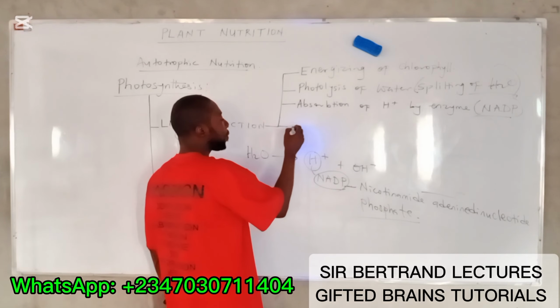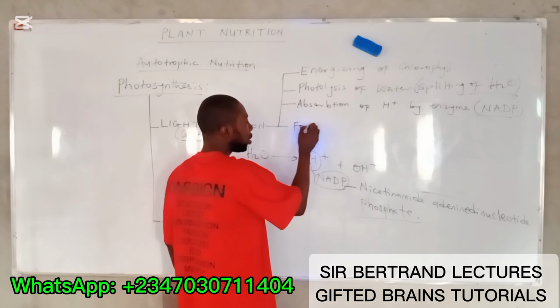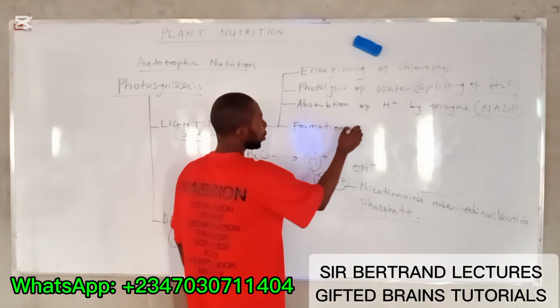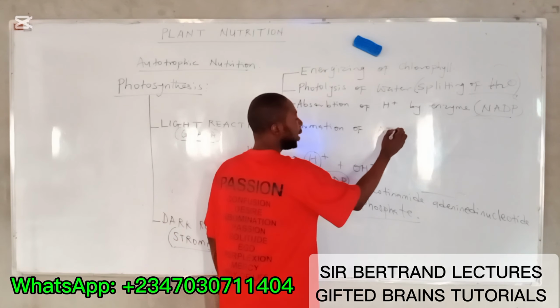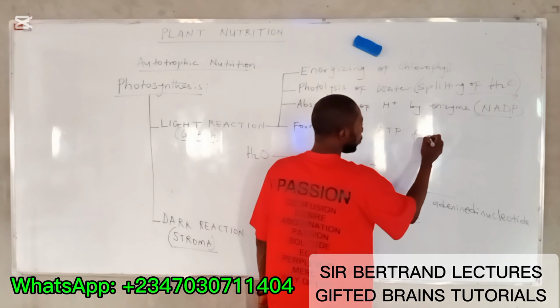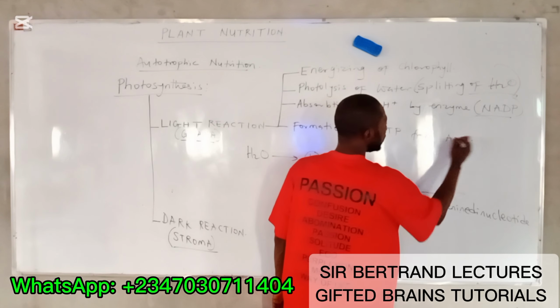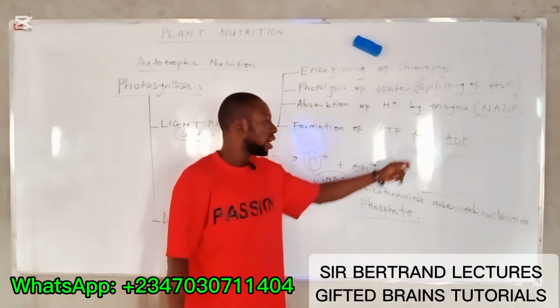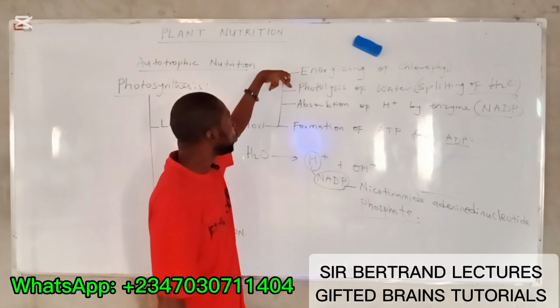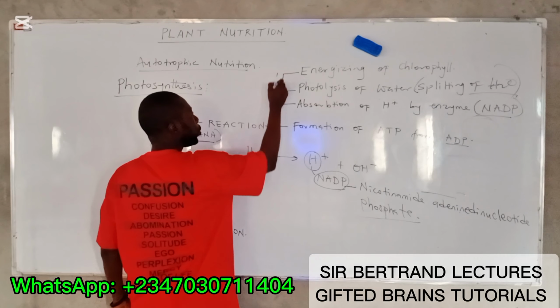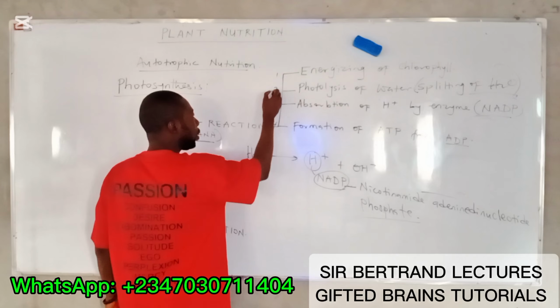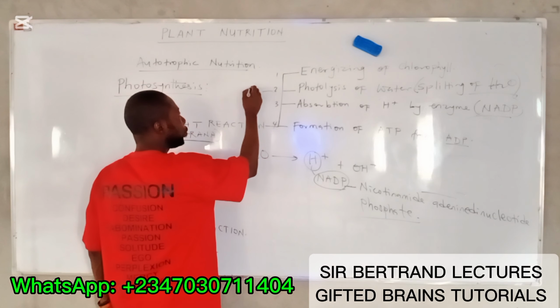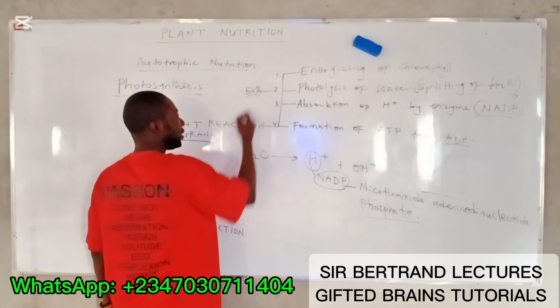The number 4 event that occurs here is the formation of ATP from ADP. How did that happen? Half of the energy which was not used here. Remember I told you, at the second event, how many percent of energy is used here? 50%.